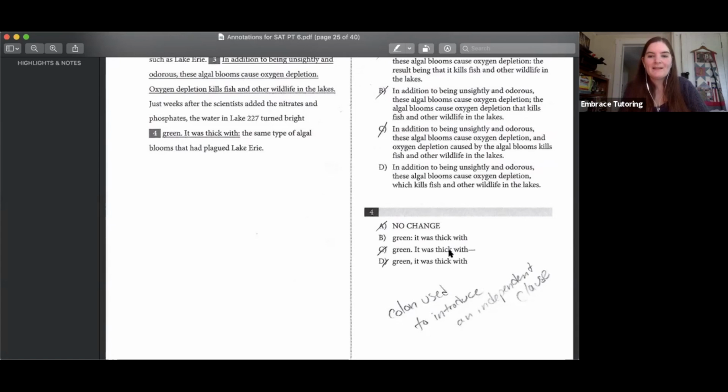So it was thick with, and then using a dash doesn't make sense in this context, because you would rather say it was thick with the same type of algal blooms that had plagued Lake Erie. That flows better than having punctuation between with.